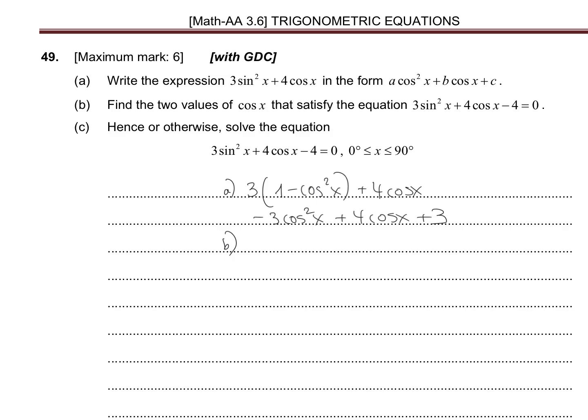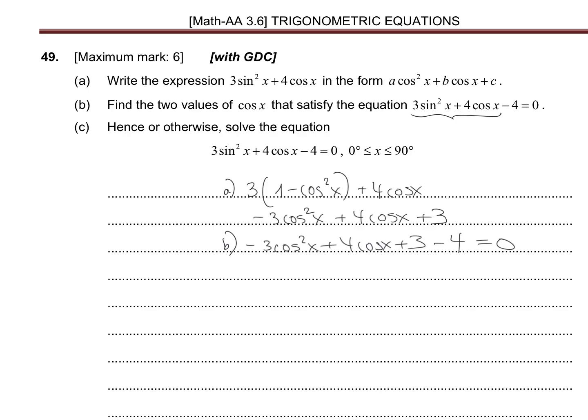Okay, so we have this bit is this bit. So negative 3, and then we are subtracting 4 equals 0.